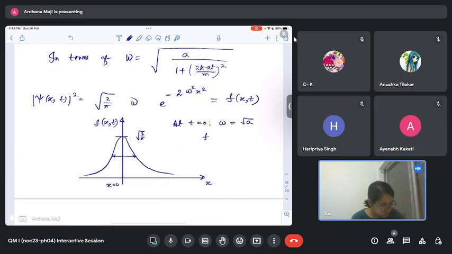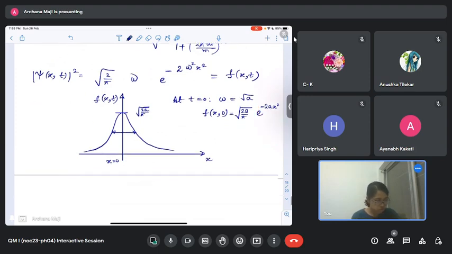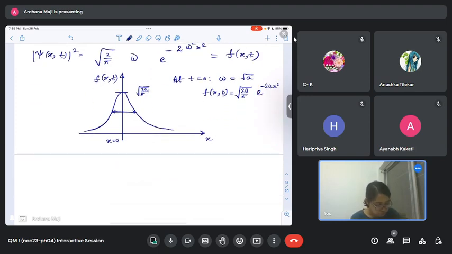So the function f of x comma 0 is square root 2a over pi exponential minus 2a x square. So at t equal to 0, it's something like this. Square root 2a over pi is the height, and the Gaussian is exponential minus 2a x square.